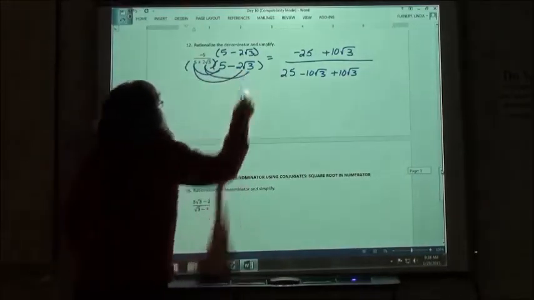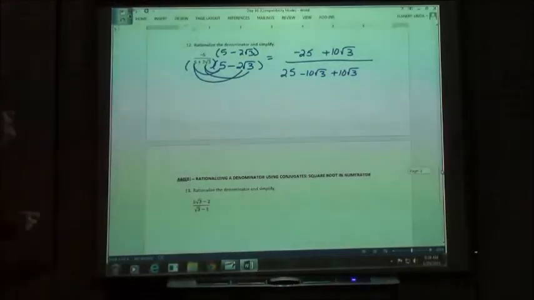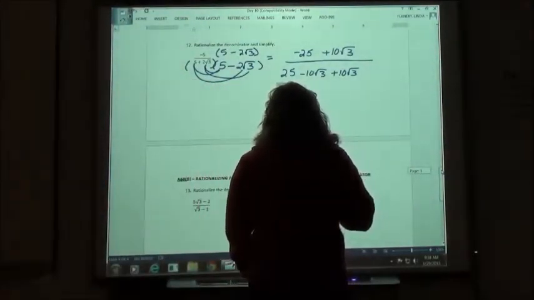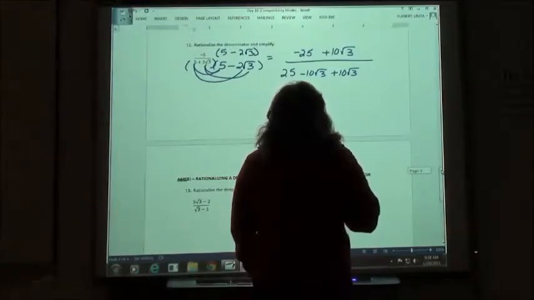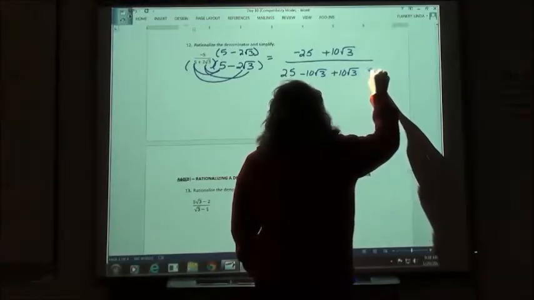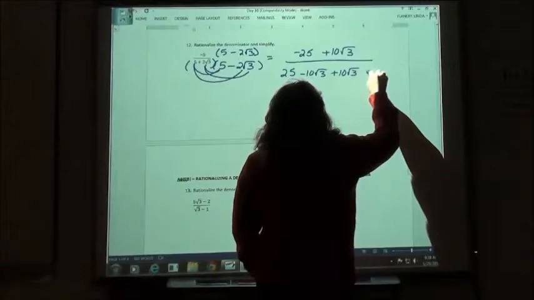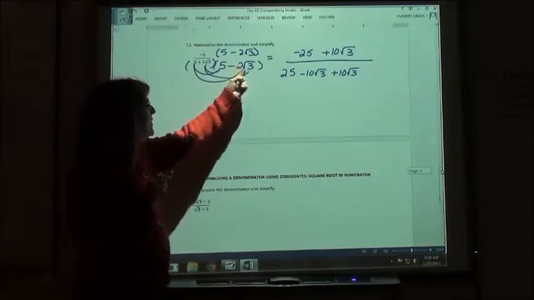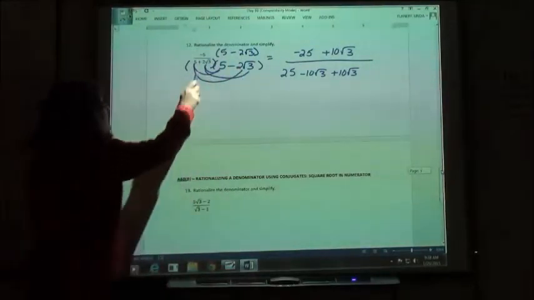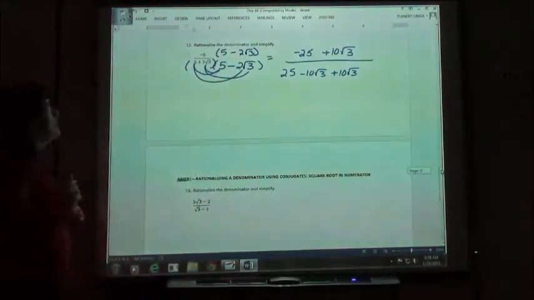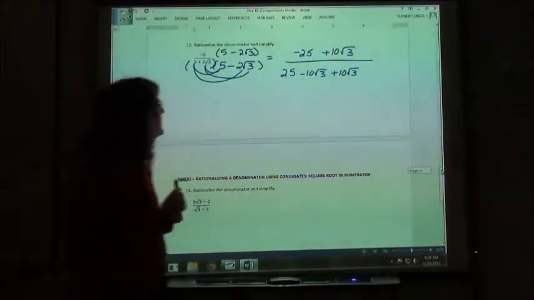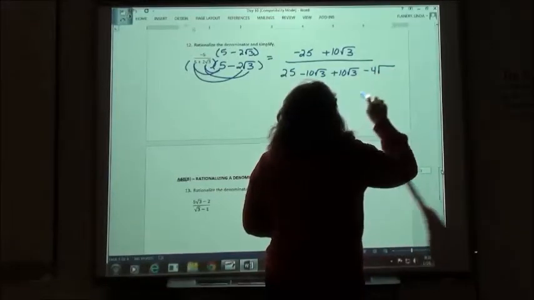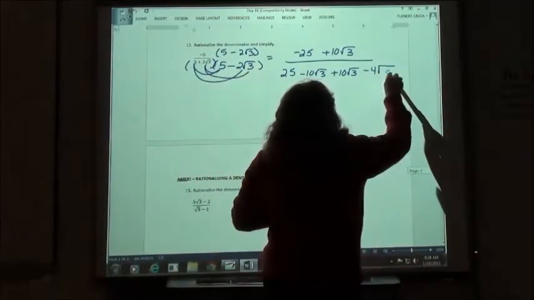Then I can do the last, which will be 2 square root of 3 times negative 2 square root of 3. Negative 4 square root of 9. 3 times 3 is 9.